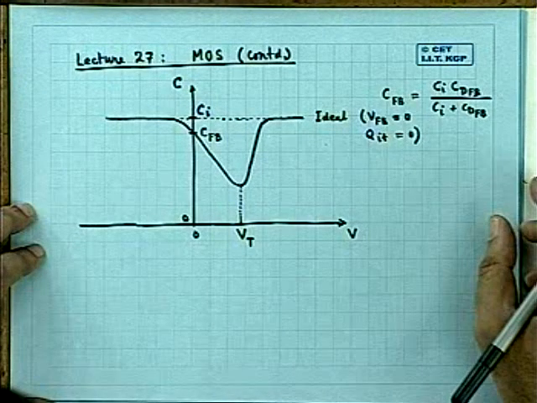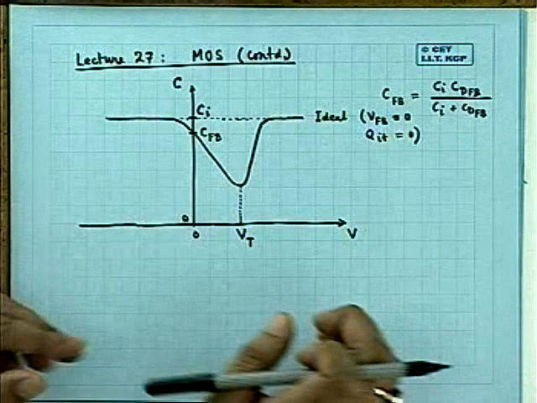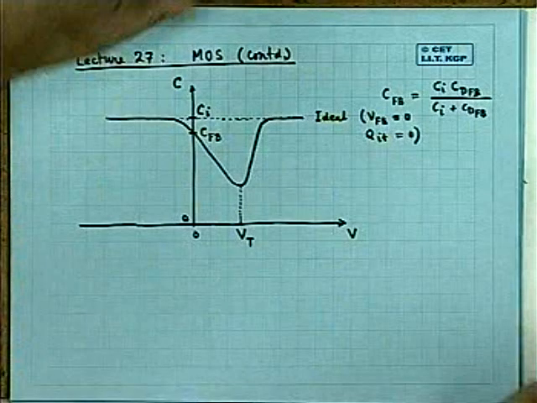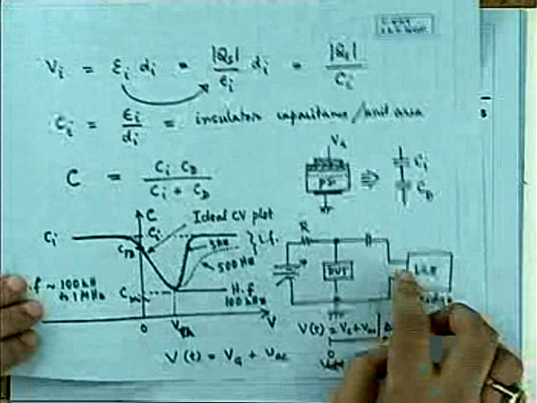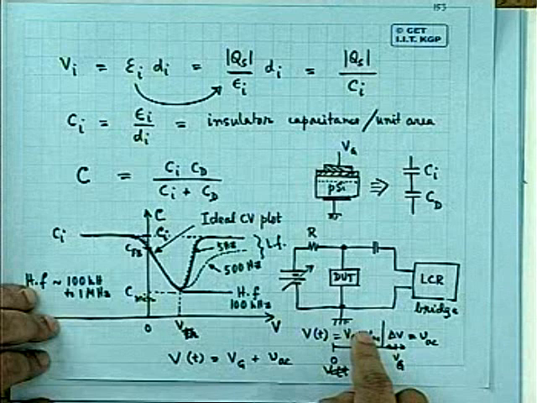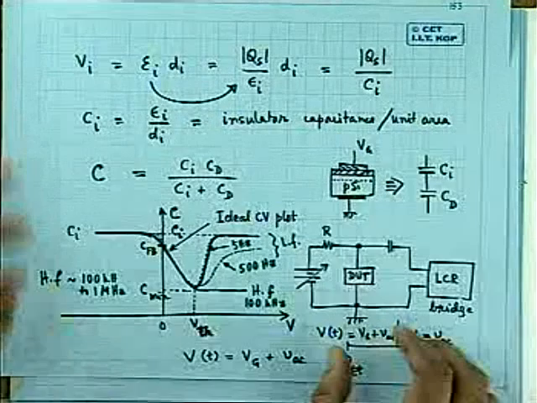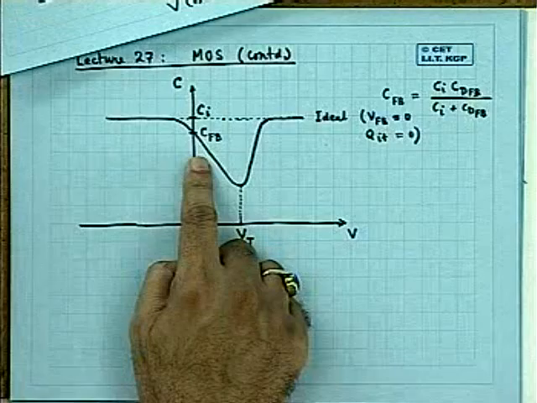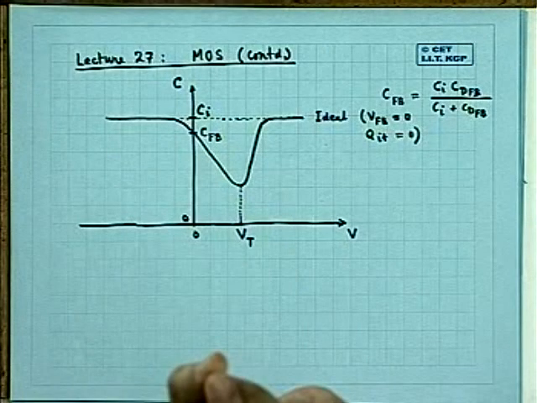Then I told you that if you perform an experiment to measure this capacitance at a small AC voltage for different values of applied bias, you can measure this C. Please remember, these C's are all differential capacitances, dynamic.